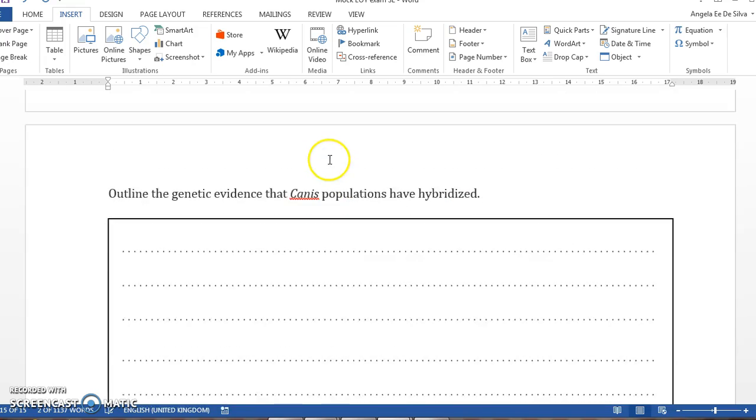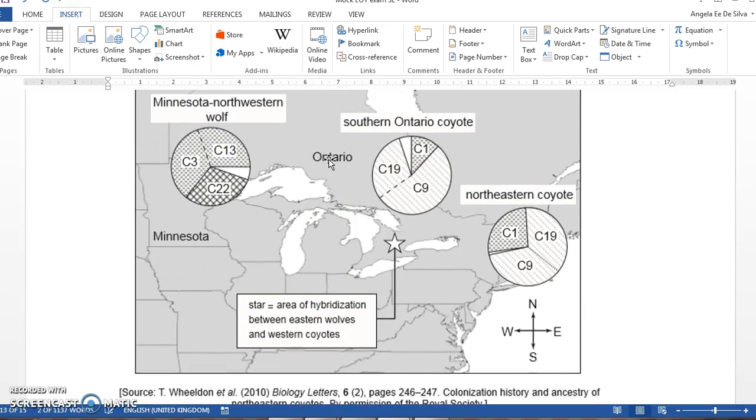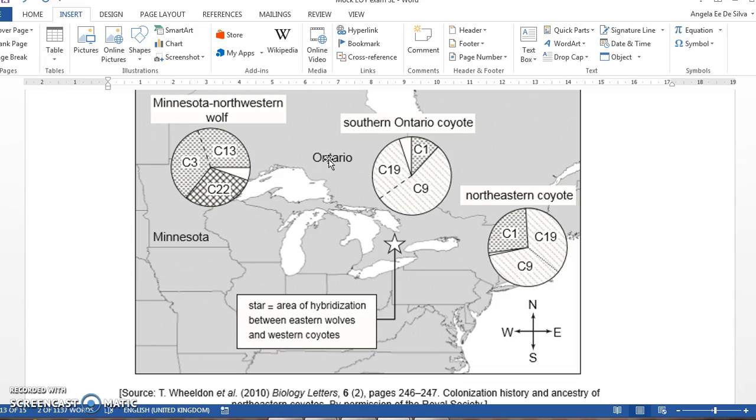We need to go back again to the genetic evidence, because if there's any difference in the features of any organism, it would depend on the kind of genetic information that they have in their cells. It would all depend on the DNA sequences. So based on that, I would like to look at the DNA sequences.